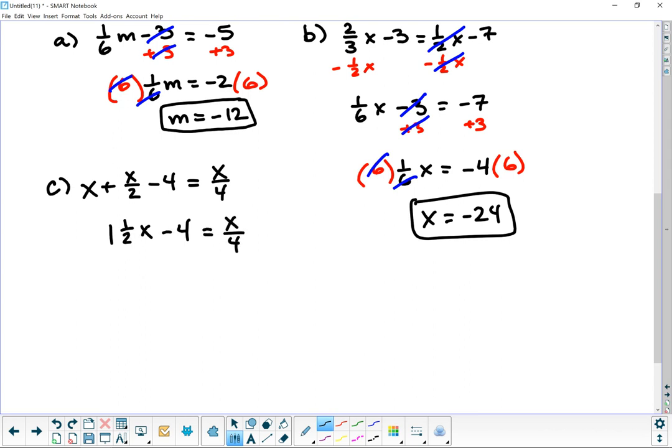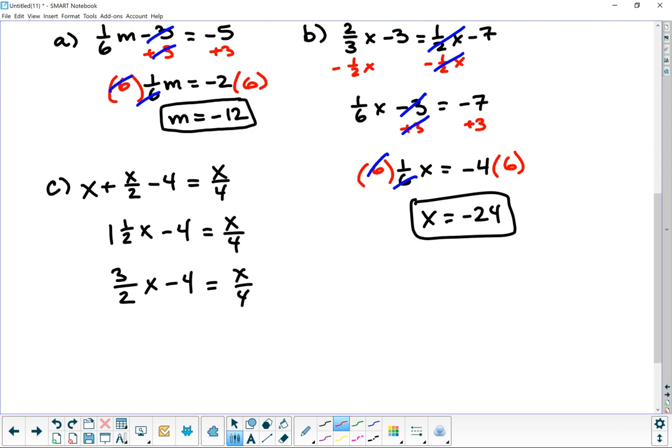Okay, I'm going to change that 1 1/2 to a 3/2. You might remember from elementary school, with a mixed number, you can multiply that. So 1 times 2 is 2, and then you're going to add the top number, so that makes 3. So this answer, as an improper fraction, is 3 over the bottom, which is 2. Okay, so that's what 1 1/2 turns into, 3/2.